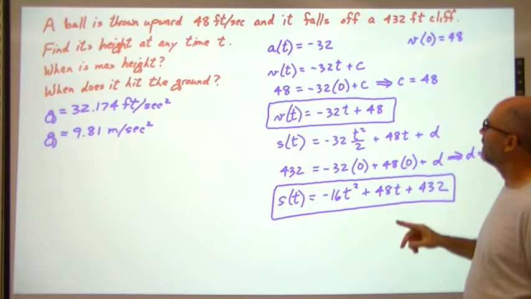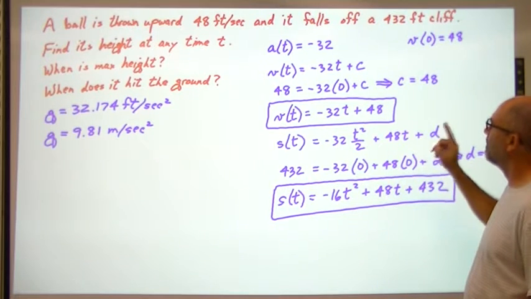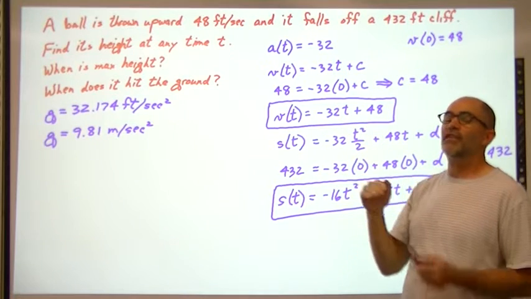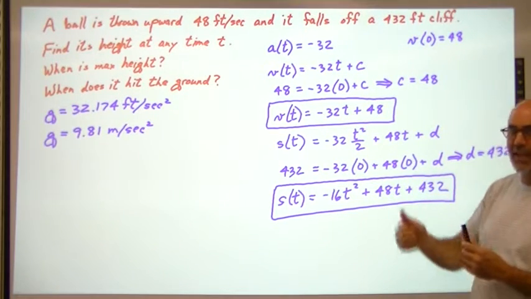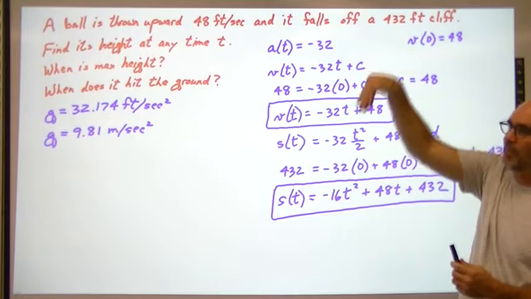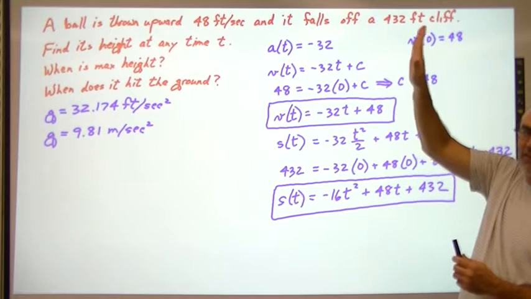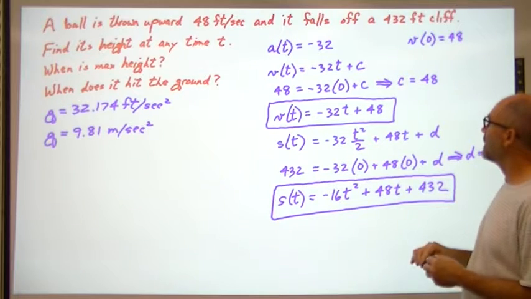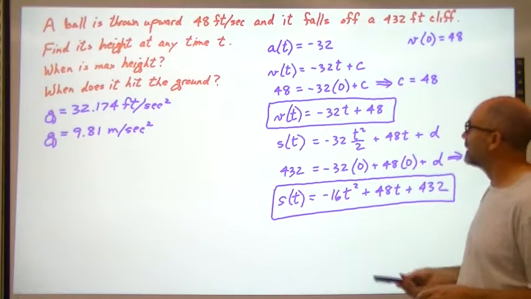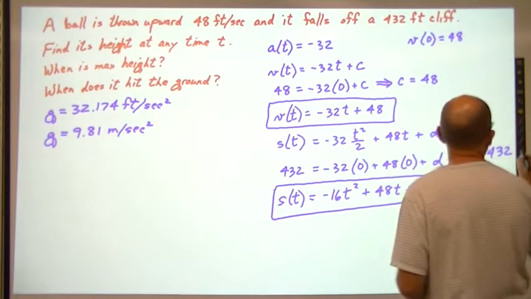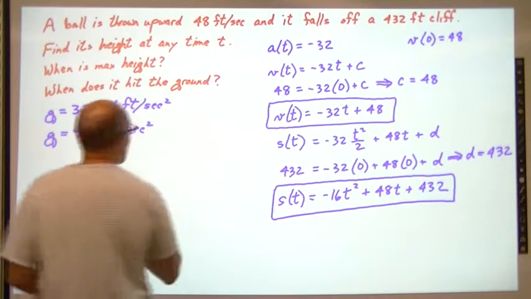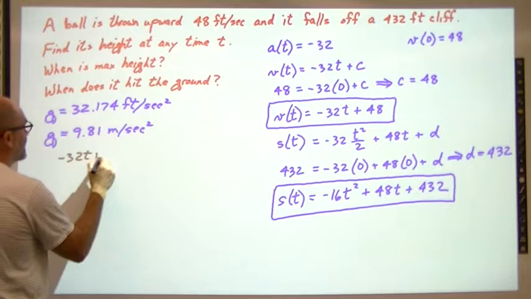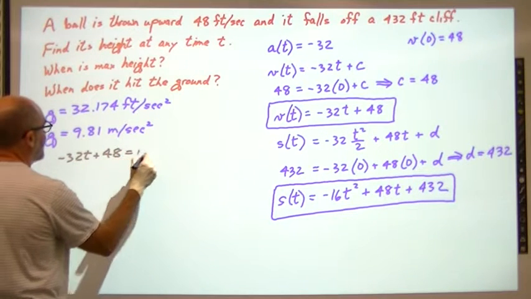Okay, so when is this ball at maximum height? Well, maximum height is where the velocity is 0. It goes up and comes back down. When it's 0 velocity, it's maximum height. So all we do to find maximum height is set velocity equal to 0. Negative 32t plus 48 equals 0.